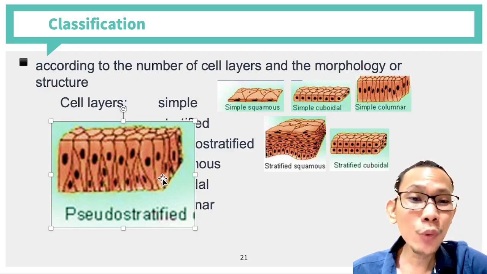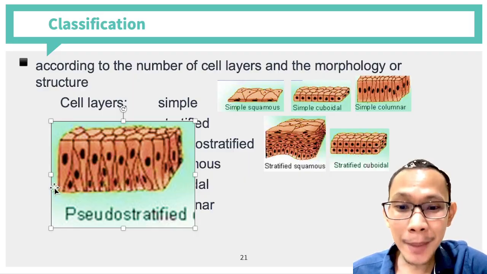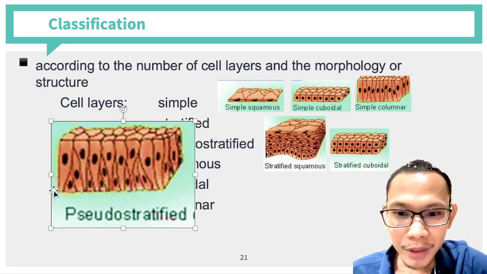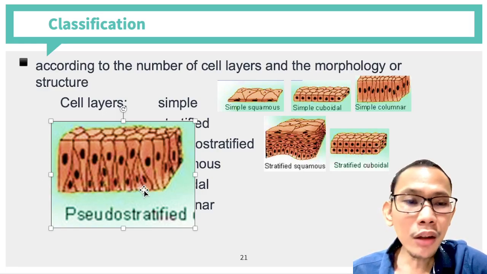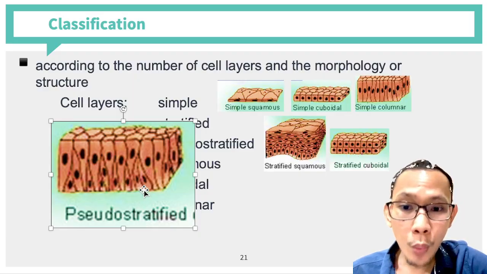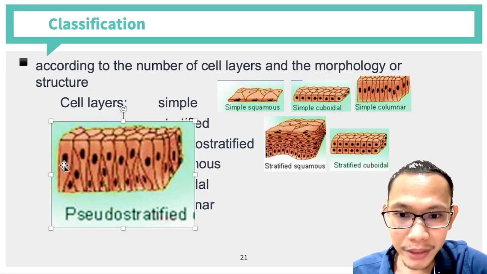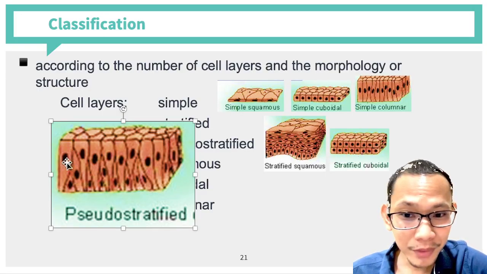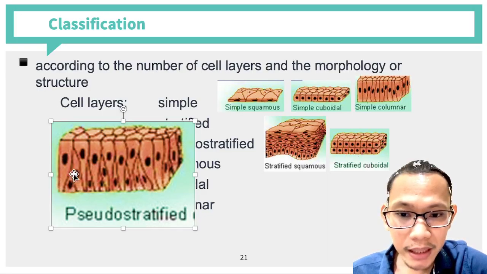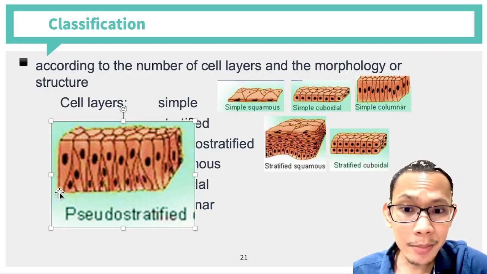Paano ko nalaman na 1 layer lang? Please take note of the basement membrane. Tingnan nyo, this is the basement membrane. We call that pseudo-stratified when all your epithelial tissue is attached to your basement membrane. Tingnan nyo, naka-attach siya. This one here, maliit na cell, naka-attach ba siya sa ating basement membrane?